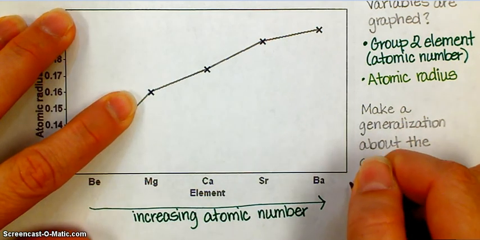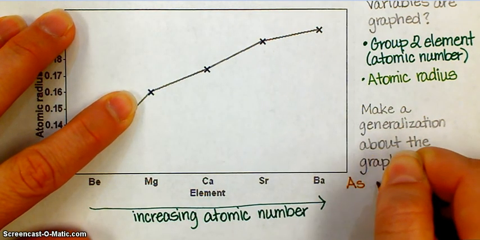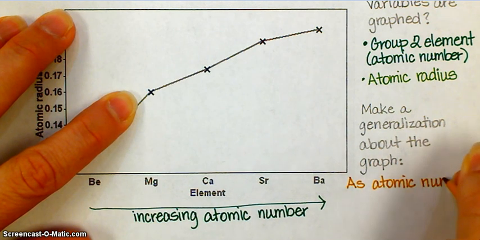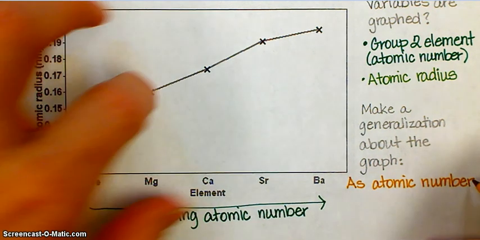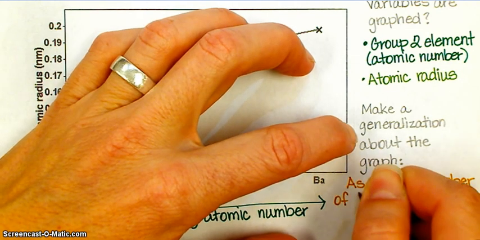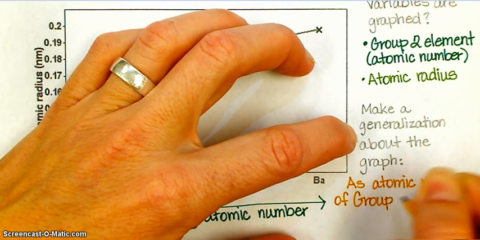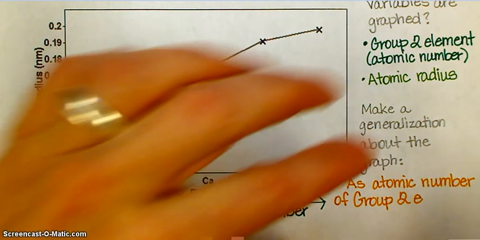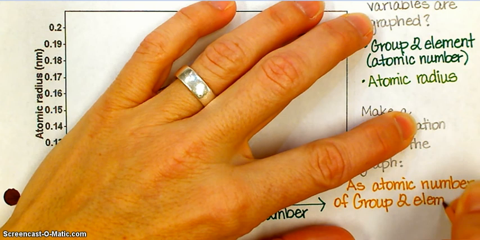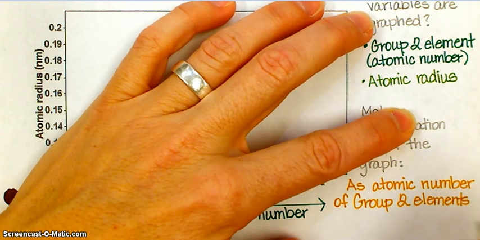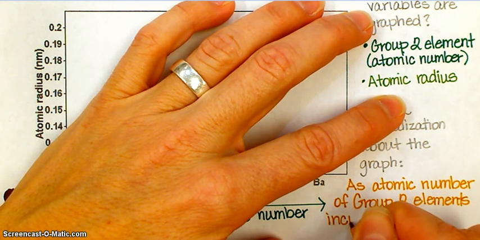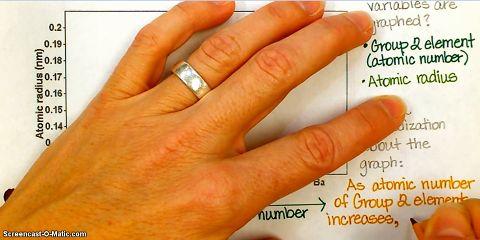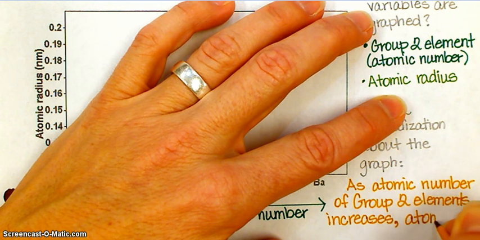So as atomic number of group 2 elements increases, atomic radius increases also.